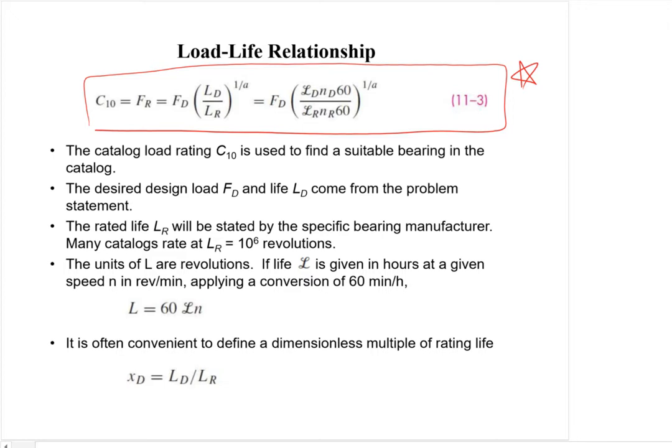Now keep in mind sometimes the C10 is given and you're trying to find how many hours you need, right? I'm sorry, this would be how many revolutions you need. Let me make sure I got that right. Yeah, that'd be how many hours you need.